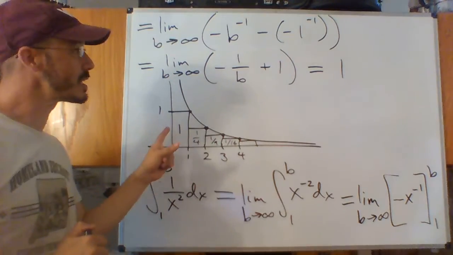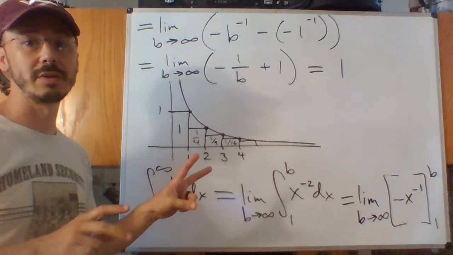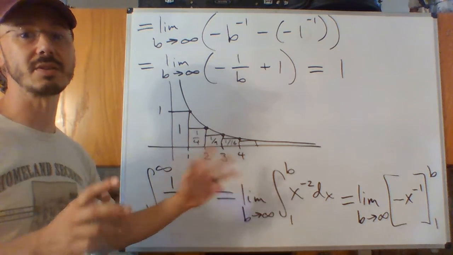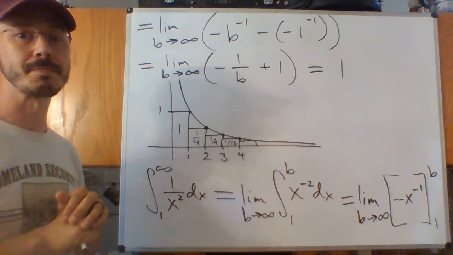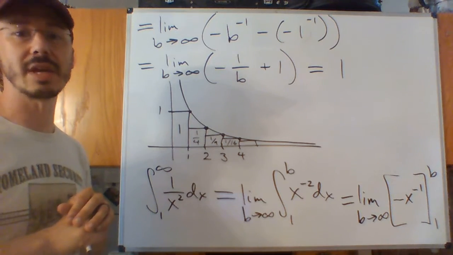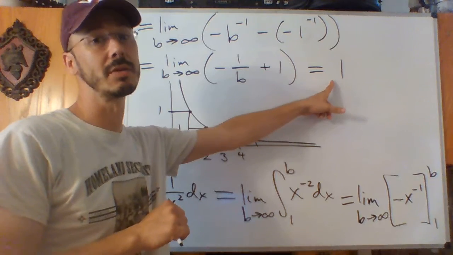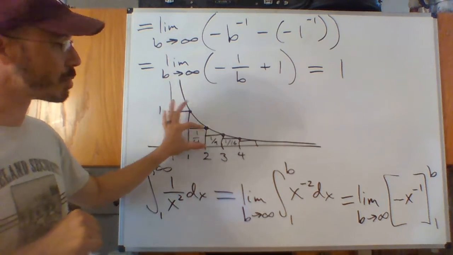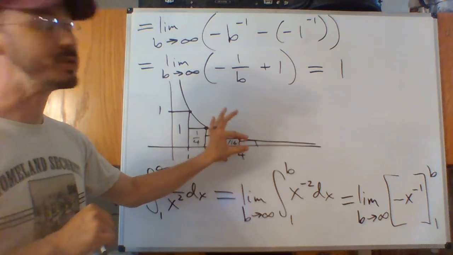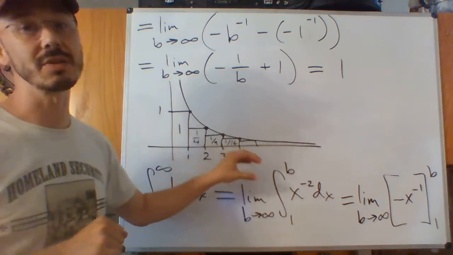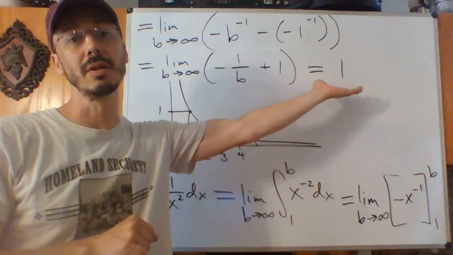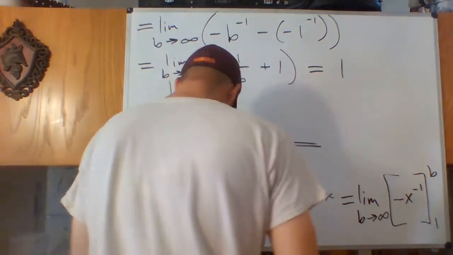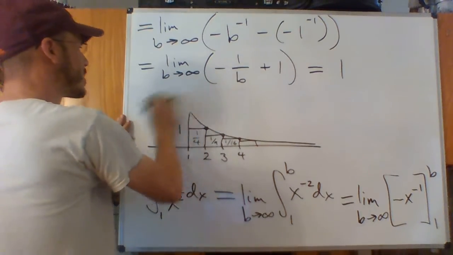Now, I'm not saying that the area is equal for the sum of the rectangles. That's the series that we're looking for. We didn't find the value of that series. We found the value of the integral, but since the rectangles are below, what we do know is that the area under the rectangles is less than or equal to 1. In particular, it's convergent.